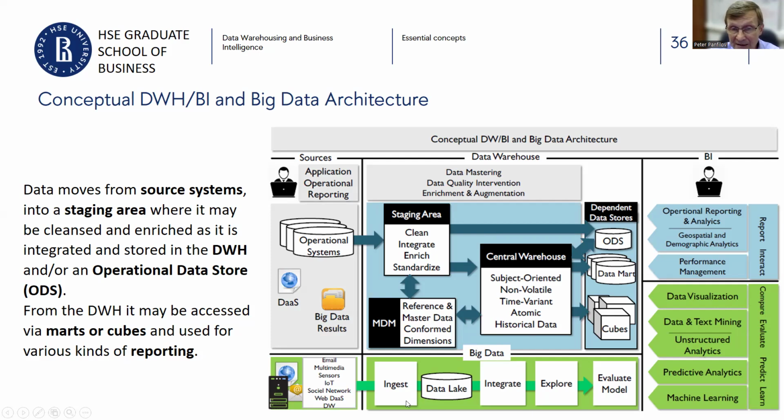We ingest data from different data sources, so extract and load it directly to the data lake. After this, data in the data lake can be integrated, transformed, explored, and used for different kinds of evaluation with different BI solutions or data analytics solutions. So this is something like a new modification to the classical data lifecycle, the classical data pipeline.